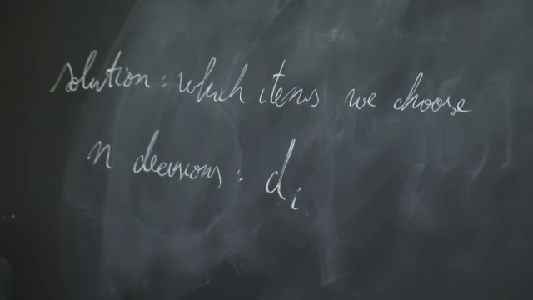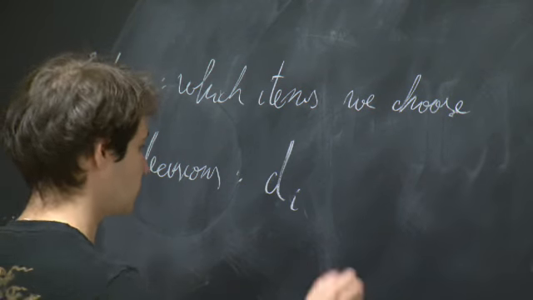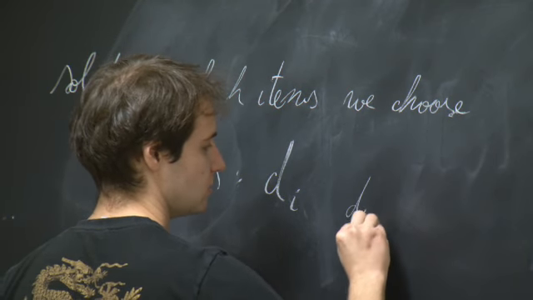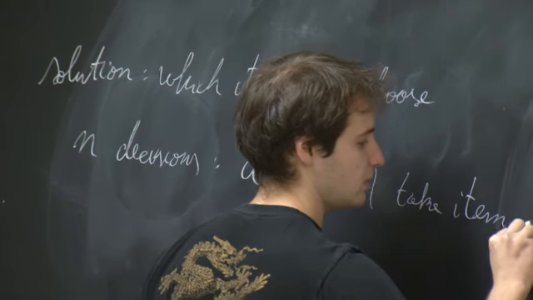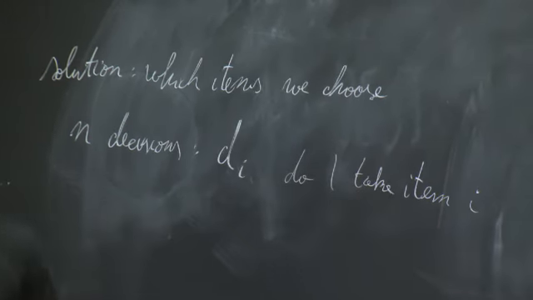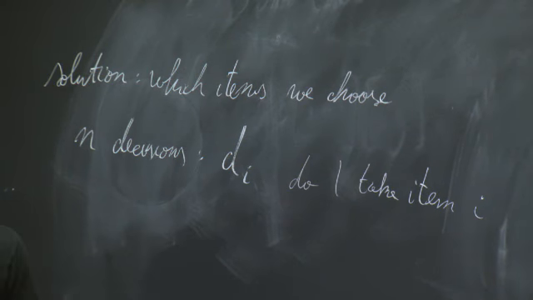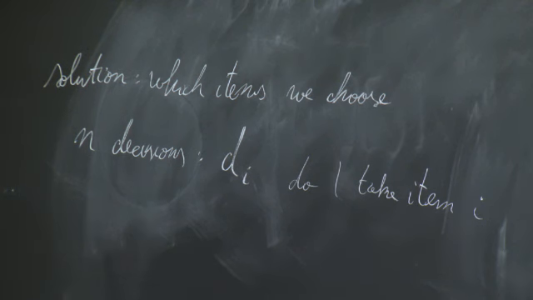Each decision is a true-false decision, and it indicates if you take that item with you or not. So d_i says, do I take item i? Now this looks more like a game. You're on a TV game show, and you get asked n questions. Do you want to take this item with you?